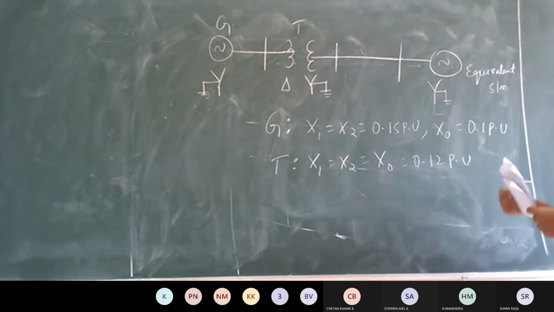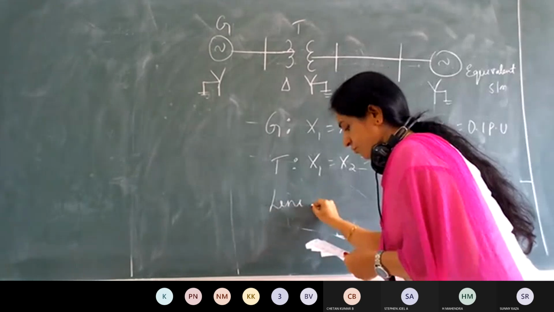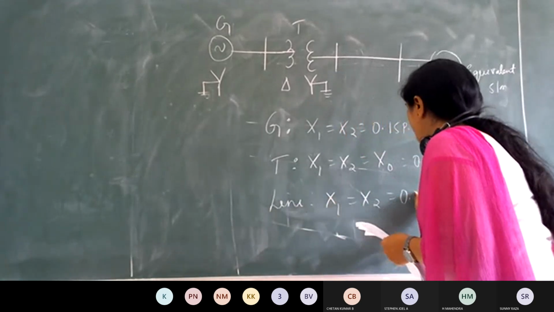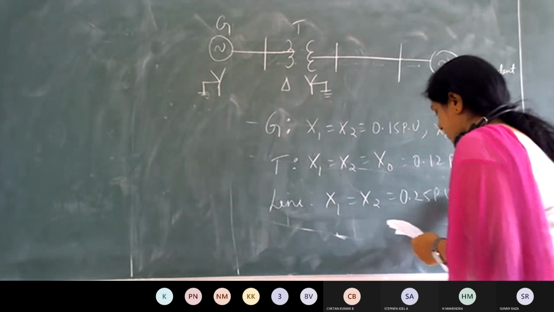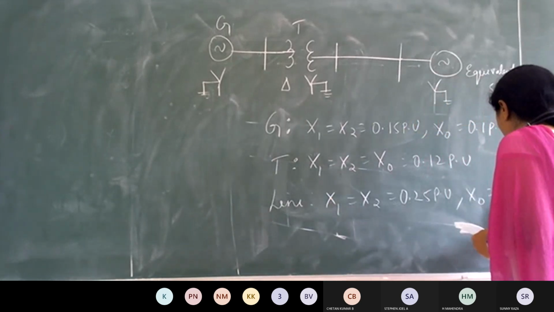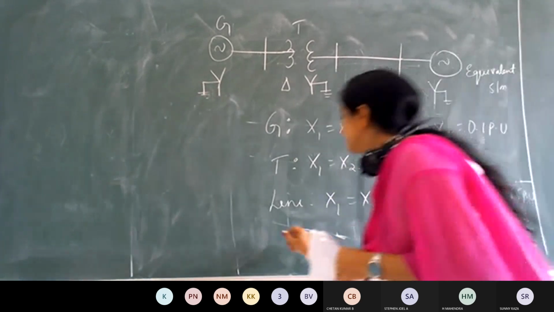Then, transmission line: X1 equals X2 equals 0.25 per unit, X0 equals 0.75 per unit. So after noting down these ratings, you also have an equivalent system.